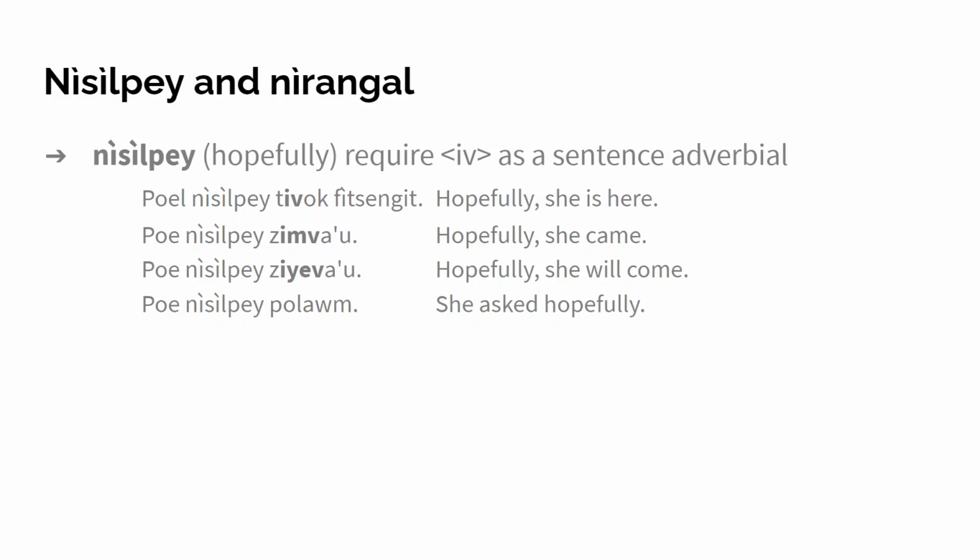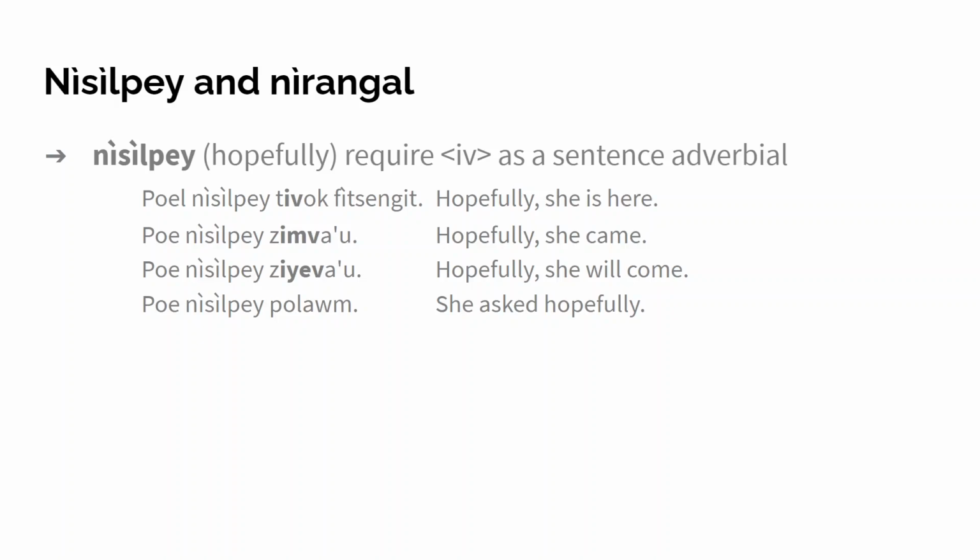Hopefully you like this video. In these cases, the hopefully kinda makes a comment about the whole sentence, like hopefully something happens. But we can also use hopefully in another way, namely, look at the last sentence here, she asked hopefully. We can also say this as she asked in a hopeful way. In that case, it's an adverb of manner, and then it doesn't need if.